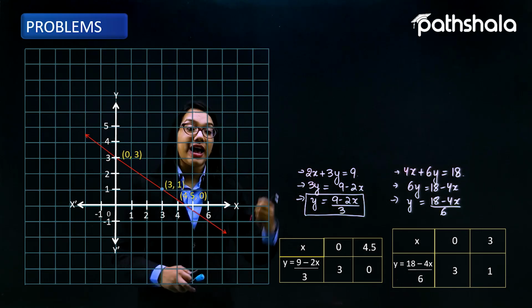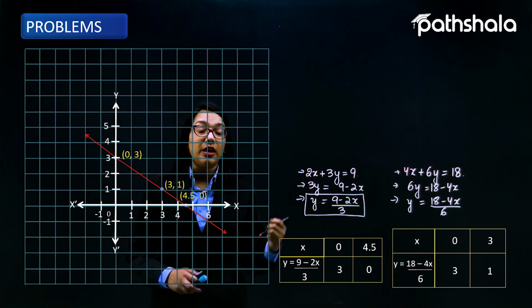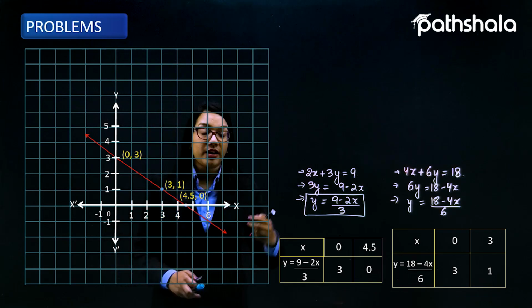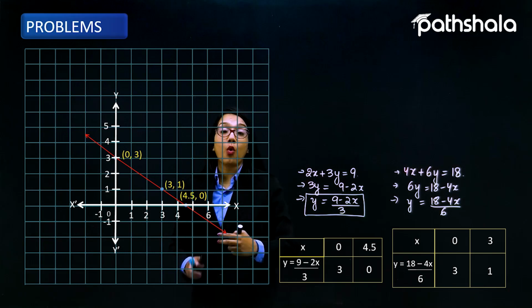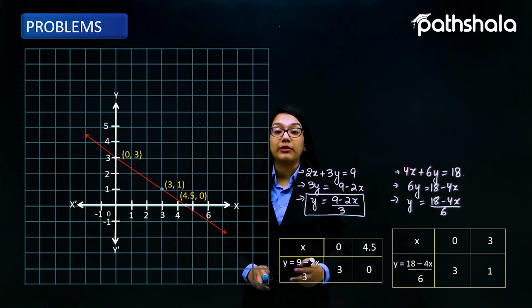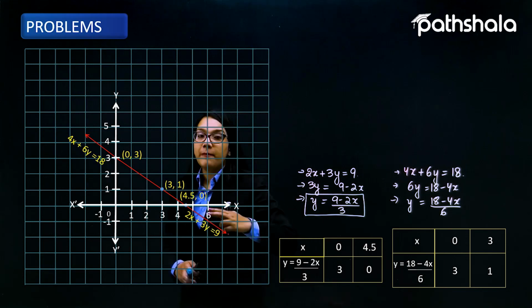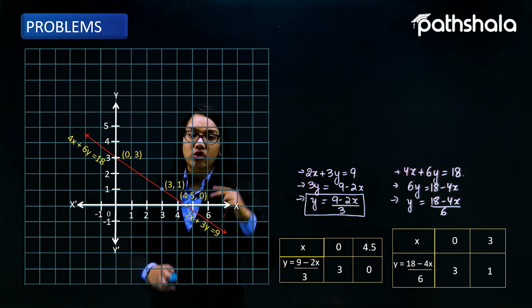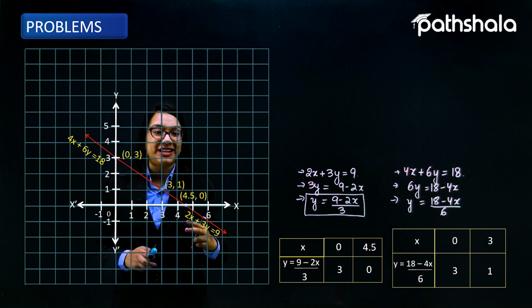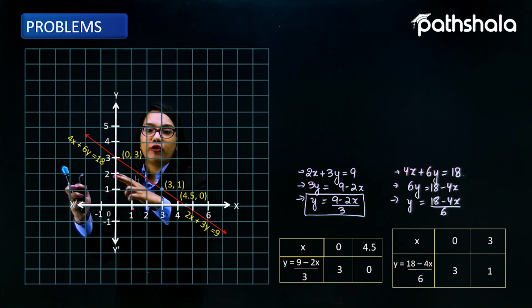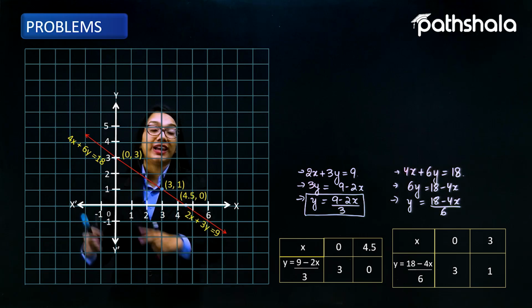So at the end, we are getting a graph in such a way that both the lines are coincident to each other. What does it mean? It means they both are lying on each other. This straight red line is not only representing 2x plus 3y is equal to 9, but it is also representing 4x plus 6y is equal to 18.